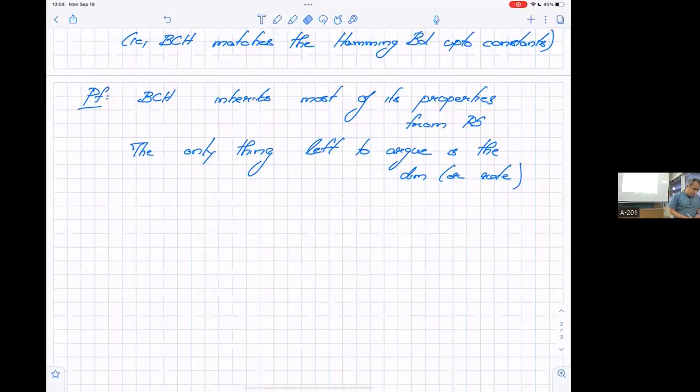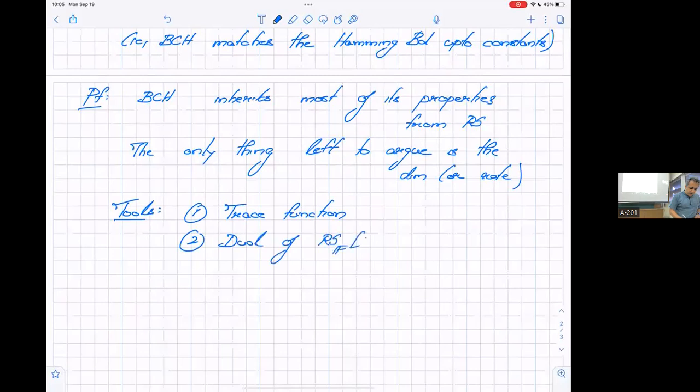So to prove this, we'll have to use two tools. One is the trace function. And the other is the dual of Reed-Solomon code RS_F*(K), where F is F_2^r.